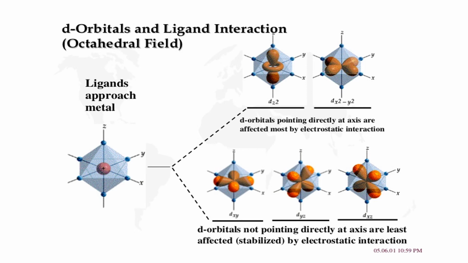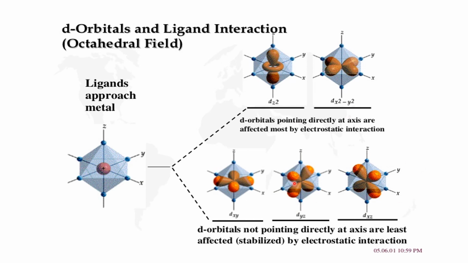Okay, see here. I have all the ligands approaching the central metal ion along Z, Y and X axis. So these d orbitals split into two, dz square and dx square minus y square, having maximum repulsion and maximum energy. So they group together as Eg orbitals.